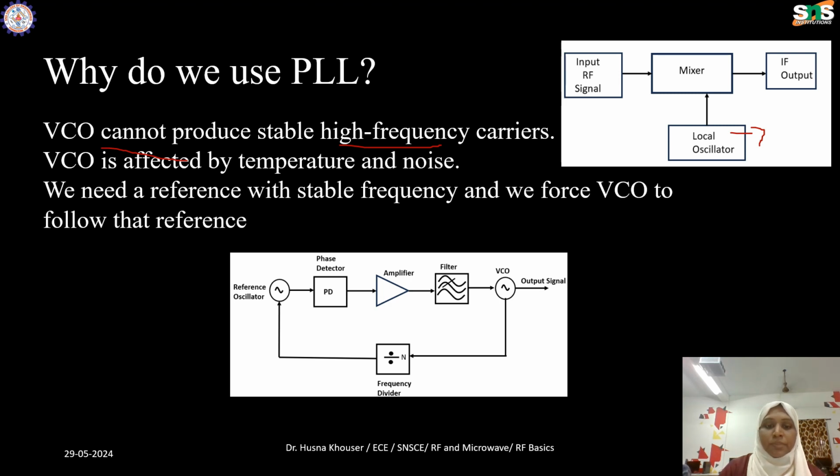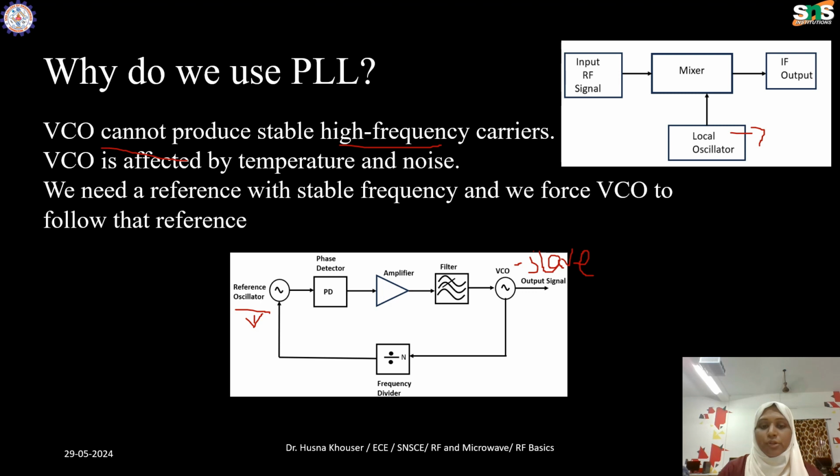We can say the reference oscillator is like a master, and the VCO acts like a slave. So in many cases, the VCO will produce stable frequencies. Normally many people ask why, instead of using the local oscillator, we can't go for the reference oscillator.